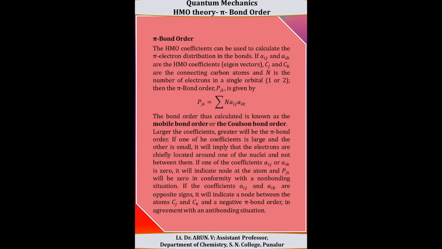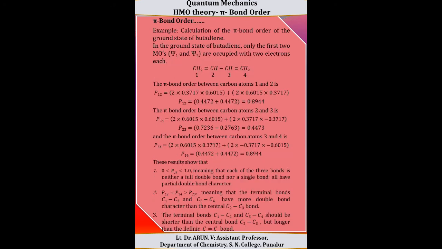If one of the coefficients Aij or Aik is 0, it indicates a node at the atom, and Pjk will be 0, in conformity with the non-bonding situation. If the coefficients Aij and Aik have opposite signs, it indicates a node between the atoms Cj and Ck, and a negative pi bond order, in agreement with the antibonding situation.